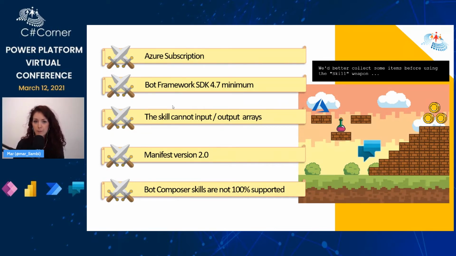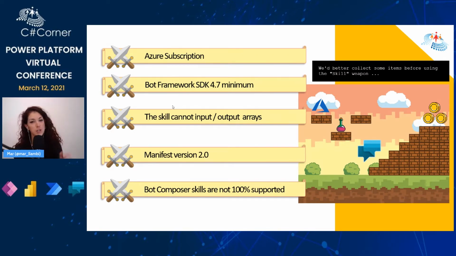Second, you will need Bot Framework SDK 4.7 minimum. I know that we have even higher, but minimum 4.7. And important, the skill cannot have arrays as input or output. Why is this a big thing that you must be aware of? Because it is so typical in skills to have arrays as outputs.